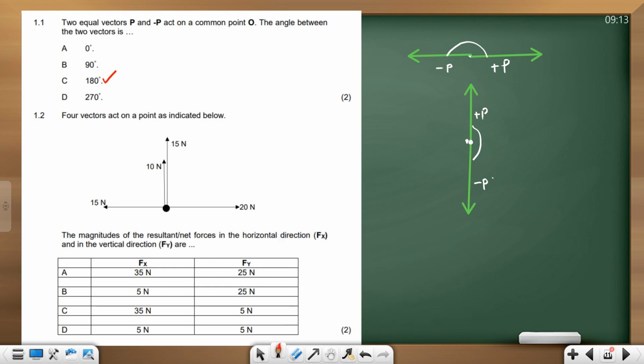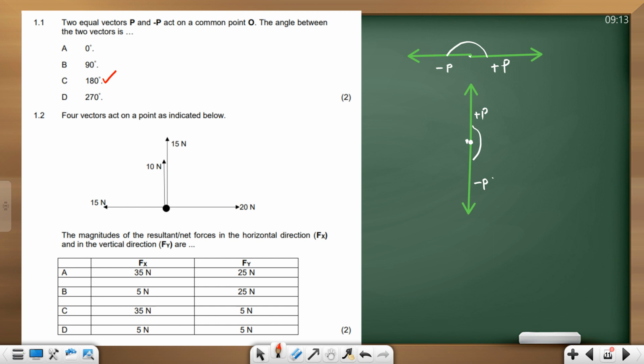Number 2, 4 vectors act on a point. Now we have vertical and horizontal. The magnitude of the resultant or net, I was going to mention net as we go on, in the horizontal and vertical direction. Let's look at the Fx, horizontal.